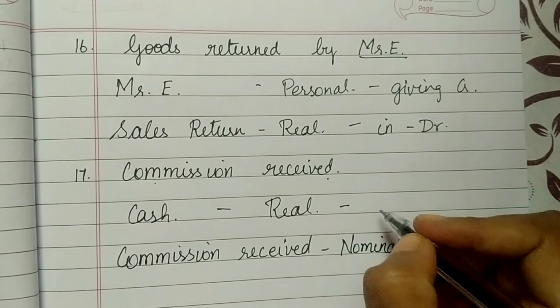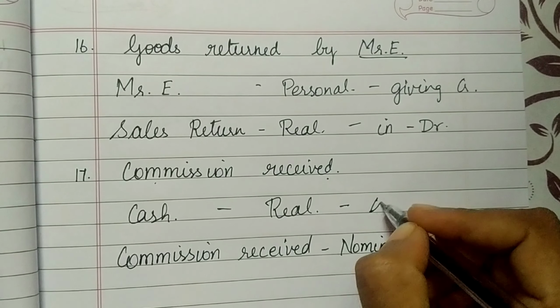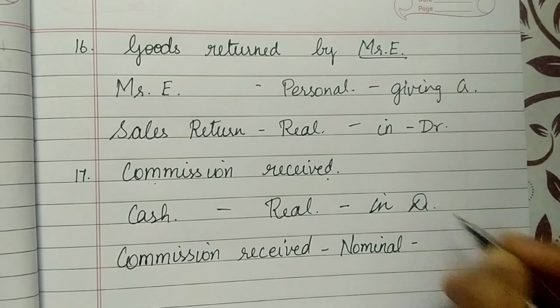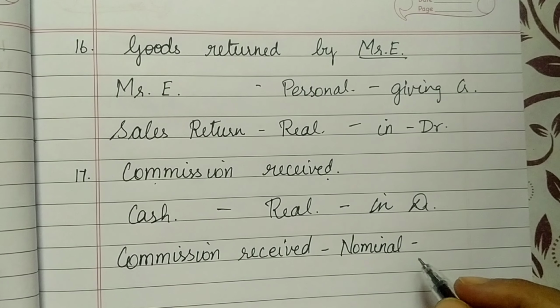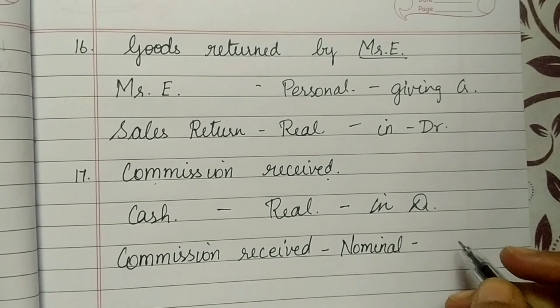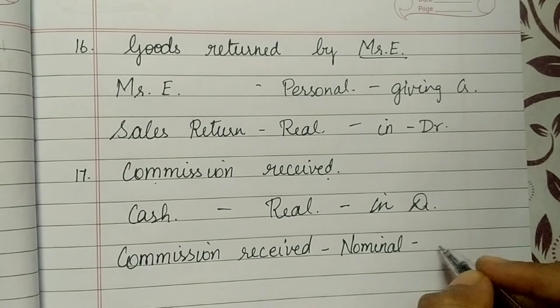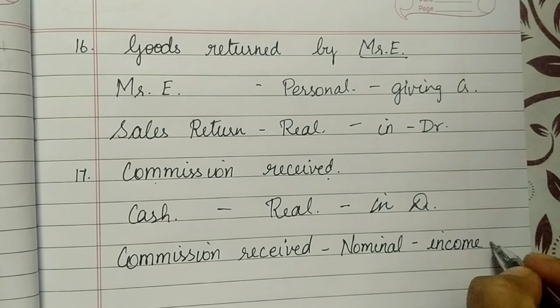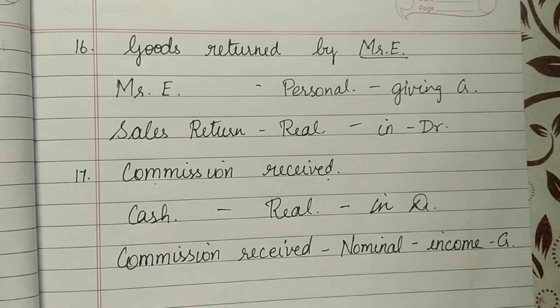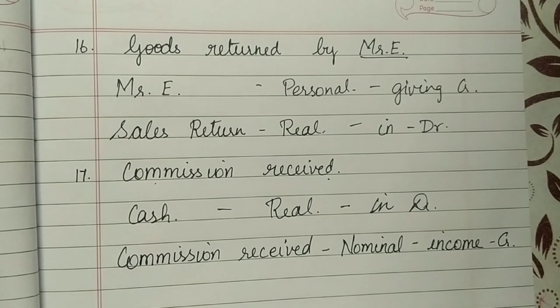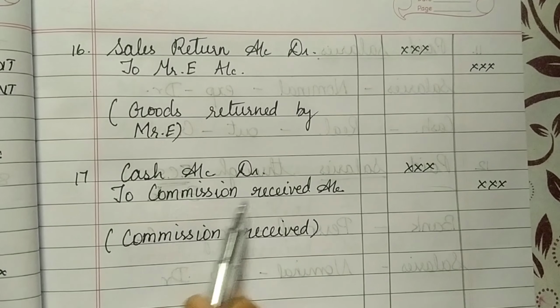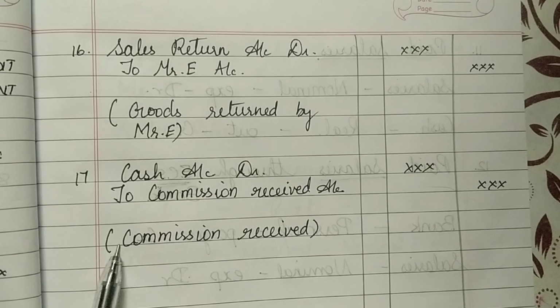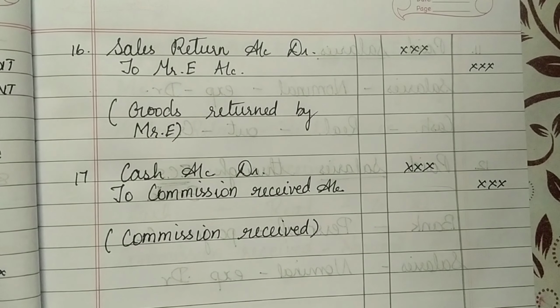You're receiving commission in the form of cash, so it's coming into the business. Therefore, we are going to debit it. Likewise, commission received is a nominal account, so debit all expenses and losses, credit all incomes and gains. Since it's an income, we are going to credit it. So cash debit, commission received is credit. So journal entry is cash account debtor to commission received. The narration being commission received and the amount to be posted.